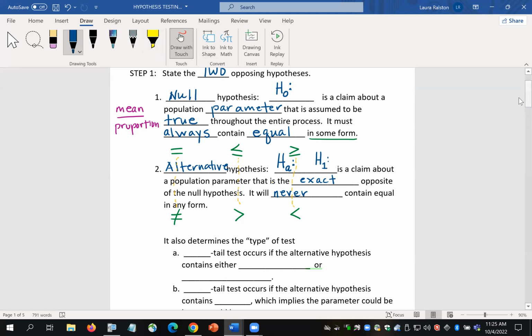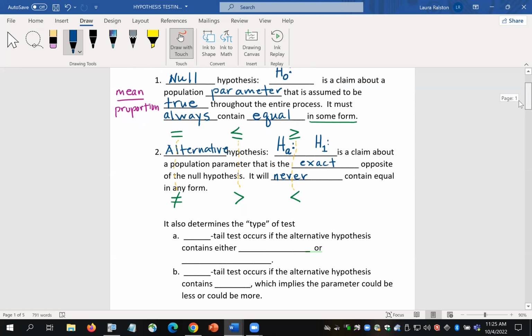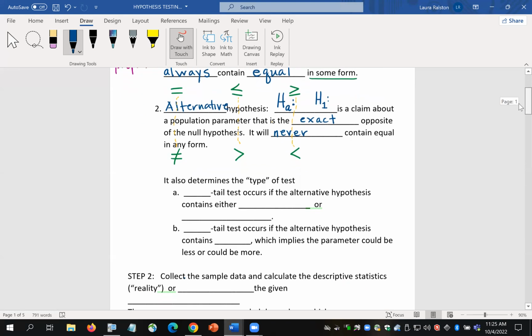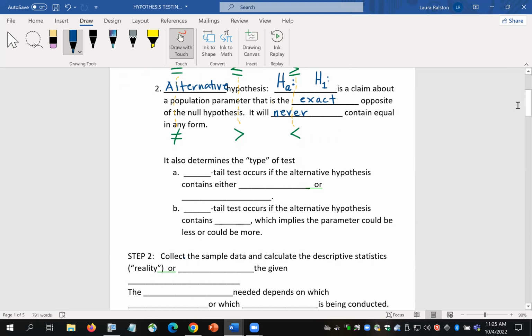The alternative hypothesis helps us out and gives us some additional information because it determines what we call the type of test. And the type of test is important, even using the technology of Minitab to do the calculations, because whether it is what we call a one-tail test or a two-tail test affects the calculations.